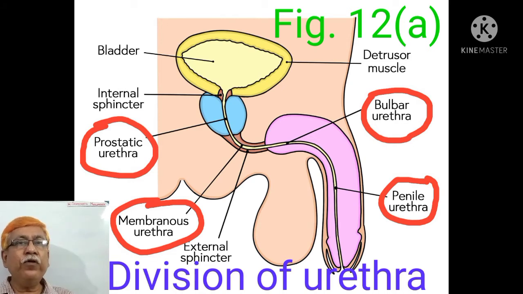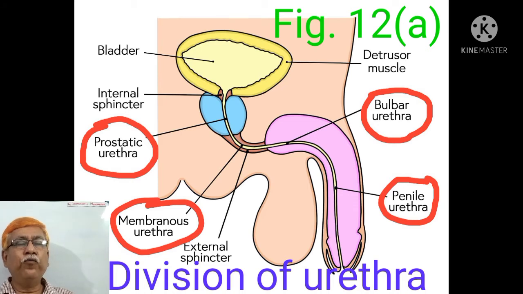The posterior urethra is again subdivided into prostatic urethra and membranous urethra, whereas the anterior urethra is again subdivided into bulbar urethra and penile urethra.